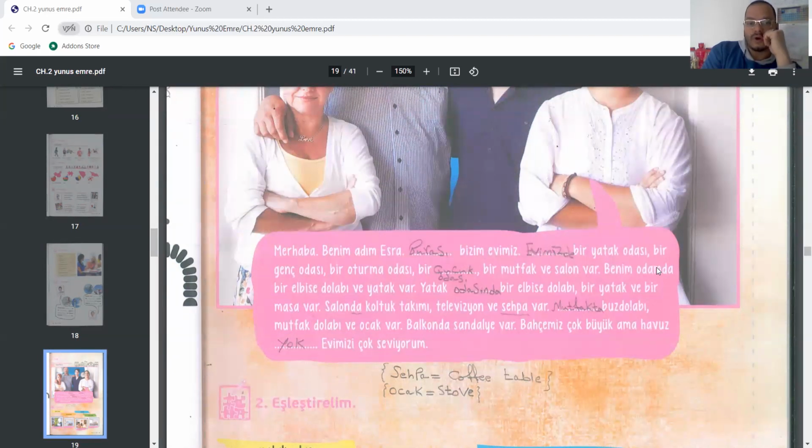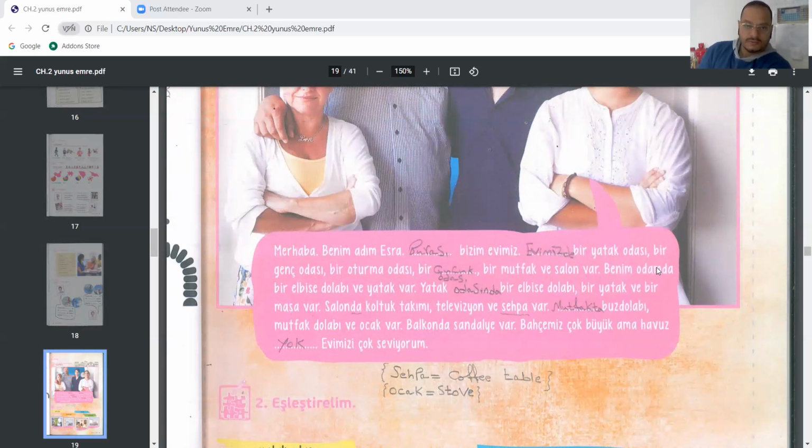Bir oturma odası, he explained to us how many rooms he has in his house. Bir oturma odası, that means the sitting room, or when guests come to us, this will be the appropriate room to seat all of our friends, our group.